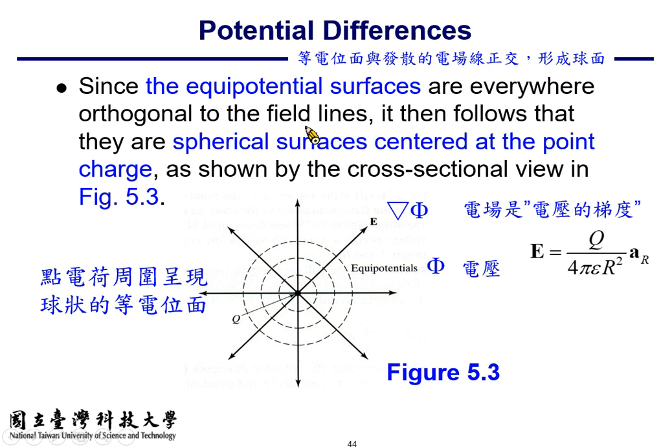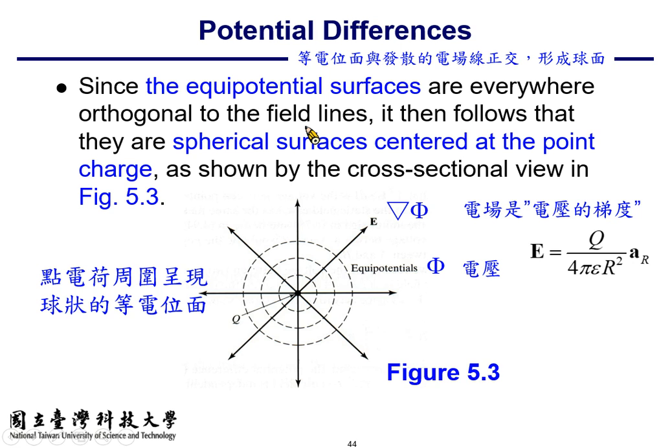So we know the electrical field built up by a point charge has arrowheads pointing outward in a spherically symmetric fashion. So the equipotential surfaces due to the point charge should be concentric spheres, like this.